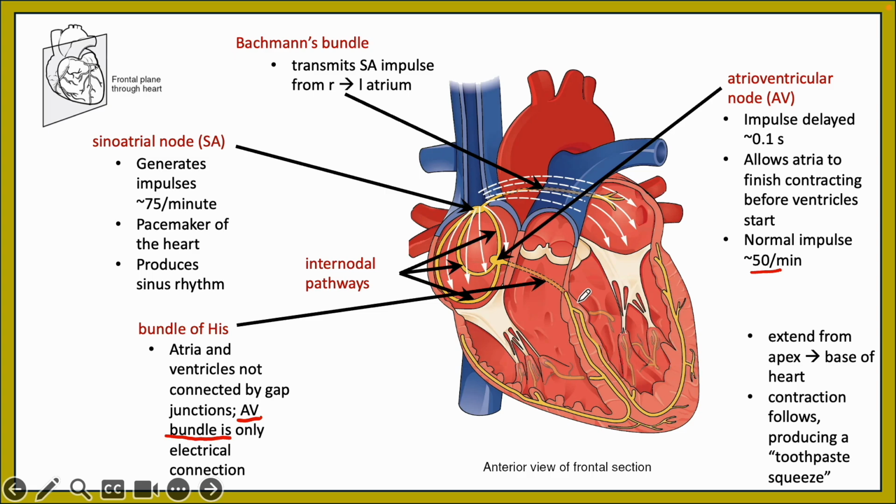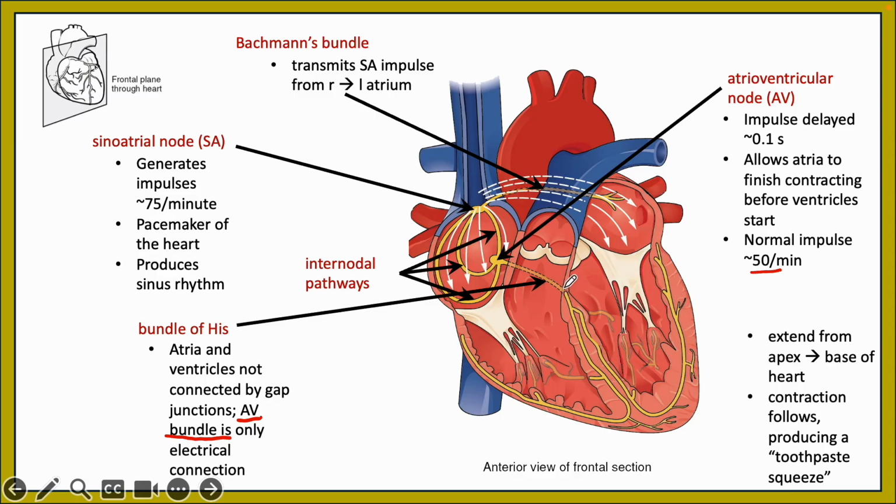When we talked about all those connecting junctions between cardiac cells, that doesn't happen in most cardiac cells between the atria and ventricles, but it does happen here, so that you can get that contraction happening.